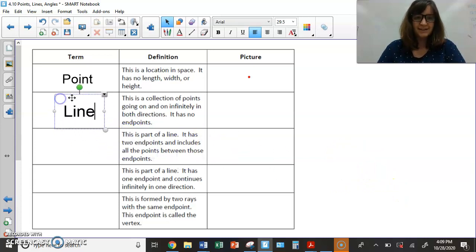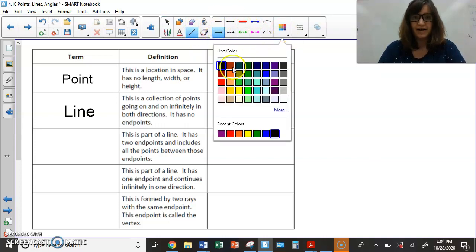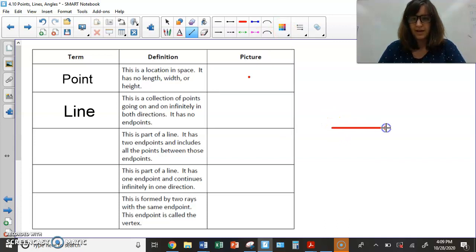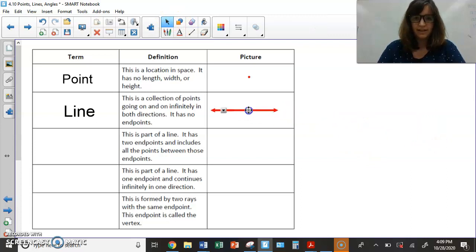When we represent a line in geometry, we are going to represent it with two arrows, one on each side, okay? So I'm going to draw it this way, and I'm going to make sure that it also has an arrow going the other way, okay? So I am going to represent my line like this. A lot of times a line will have points on it, okay?